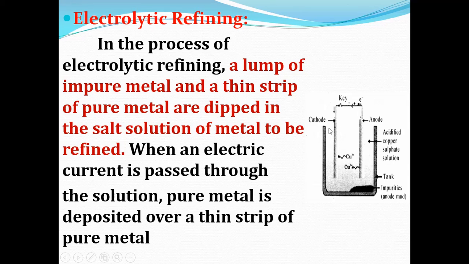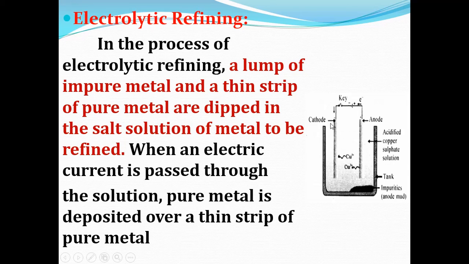settle at the bottom as anode mud, and only the pure metal will deposit over the thin strip at the cathode. Once again, we have to take the salt solution of the metal which has to be refined or purified. Then we dip the two electrodes, one is cathode, one is anode.